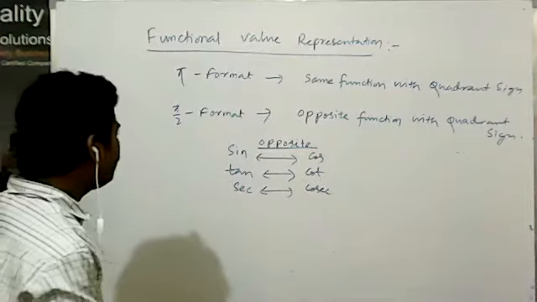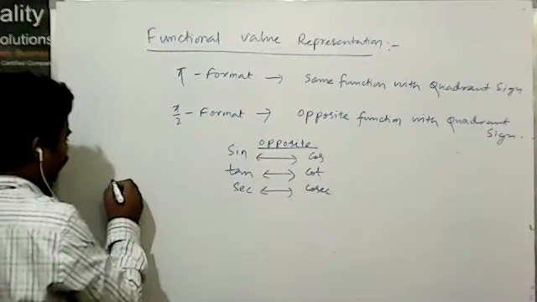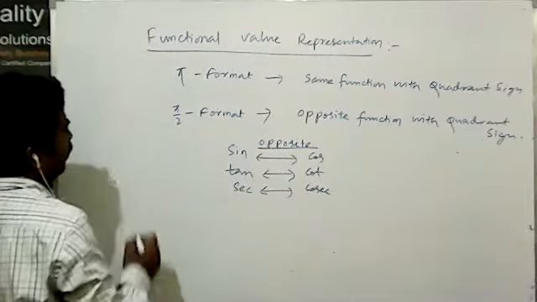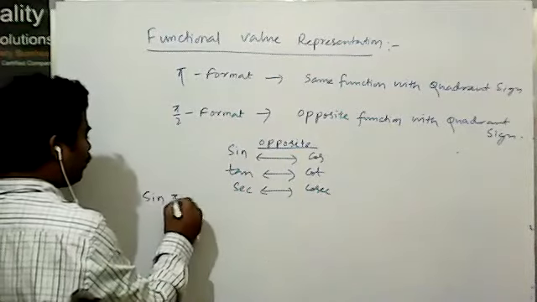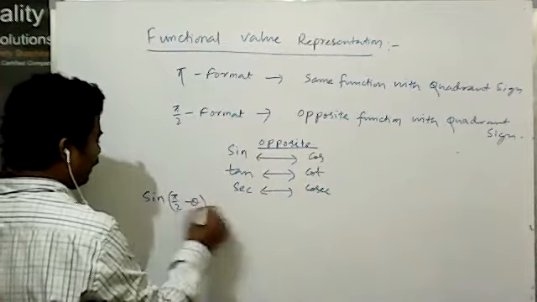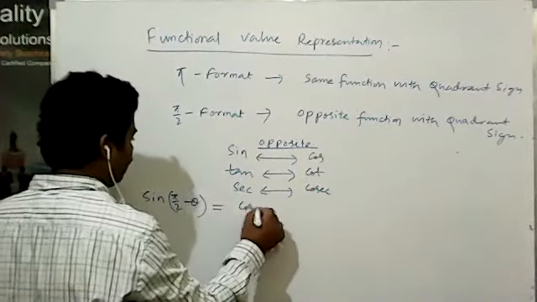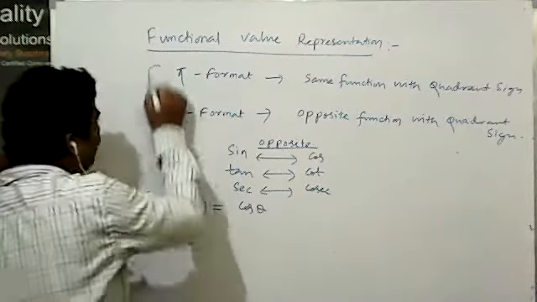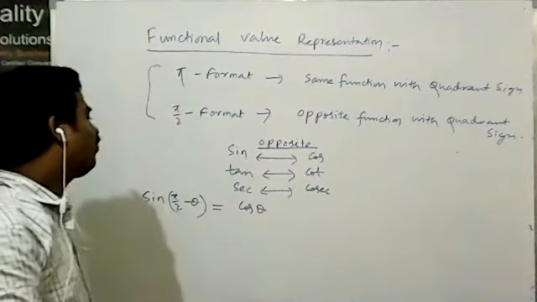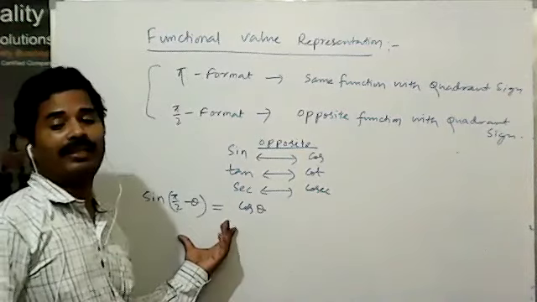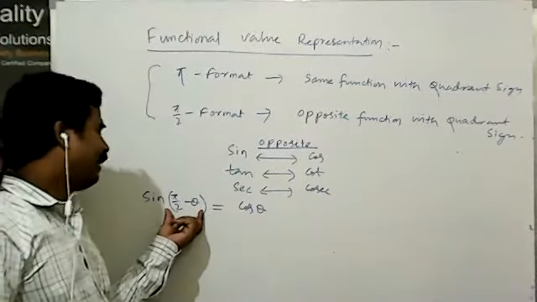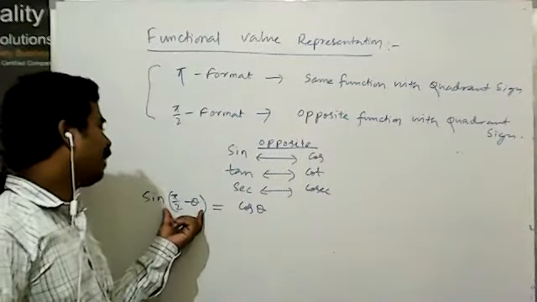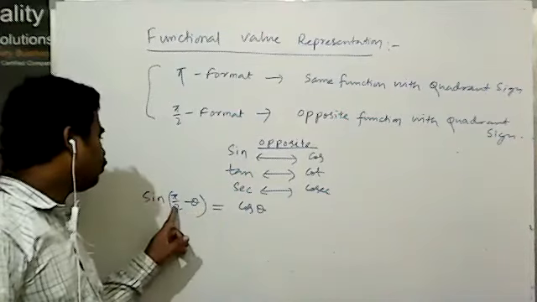Here, if you want to find a value in a quadrant, now sin of pi by 2 minus theta is equal to cos theta. If you know these two things, you can easily find the angular value. Simply, pi by 2 minus theta is the first quadrant, sin pi by 2 format.